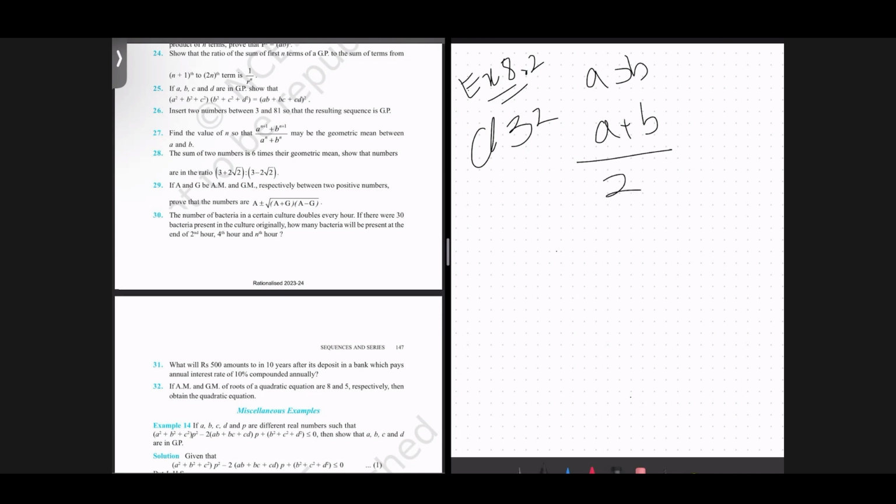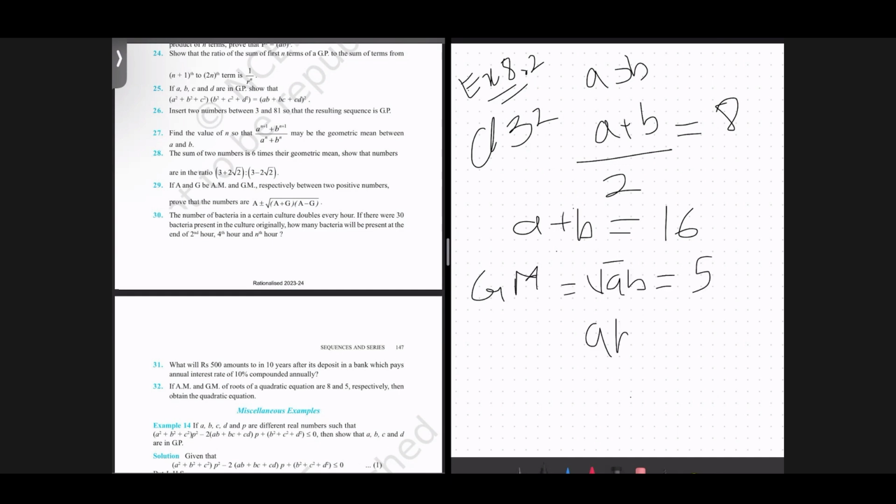So (a plus b) by 2, the AM of this equation, is going to be 8. So a plus b is going to be 16, correct? The geometric mean, which is root ab of this equation, is going to be 5. So squaring both sides, you get ab as 25, right?